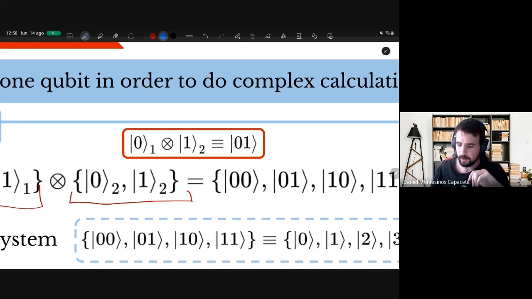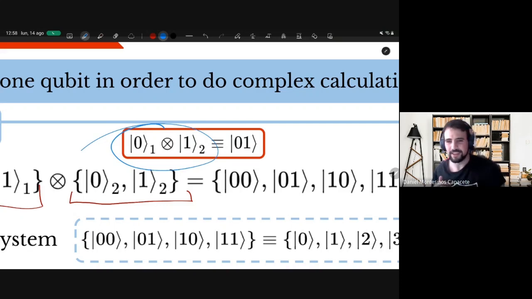The more precise way of writing this would be this one, but it takes too much space. Now it may seem a little silly, but when you do big computations, things get really messy. So this is very usual, everyone writes it like this.